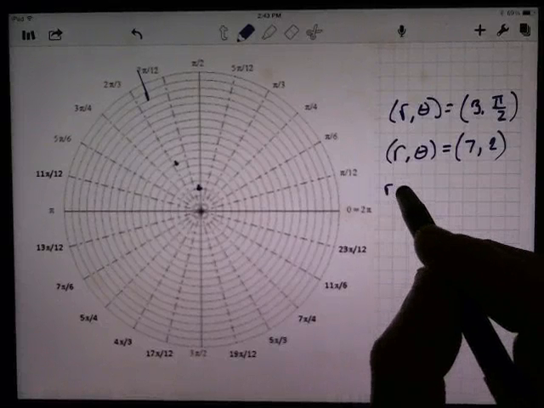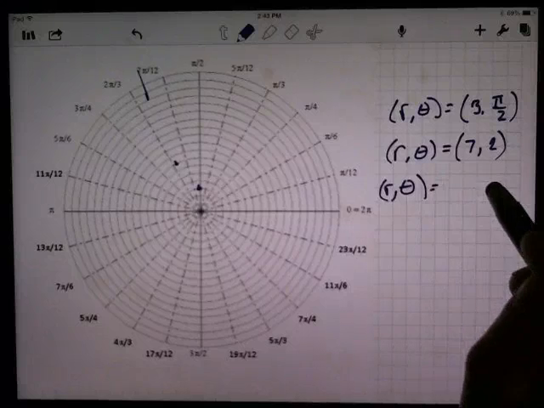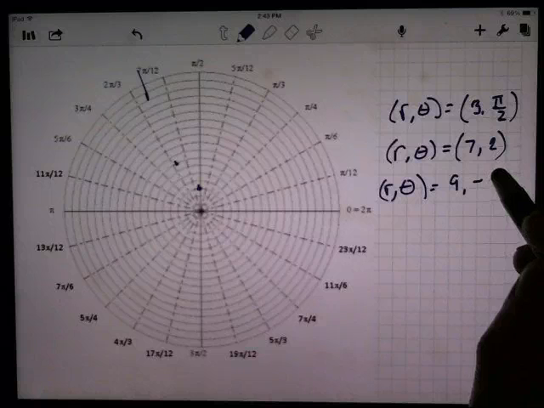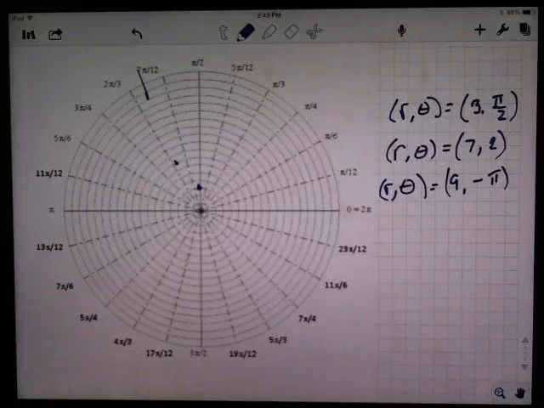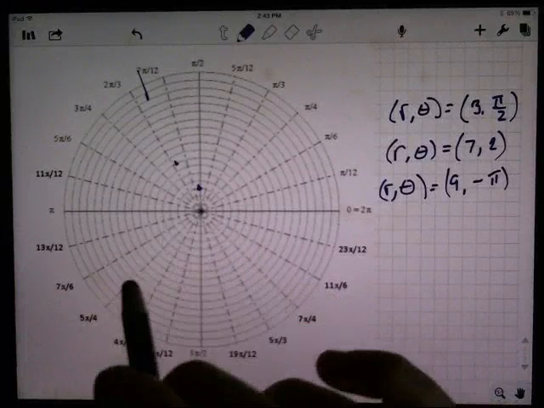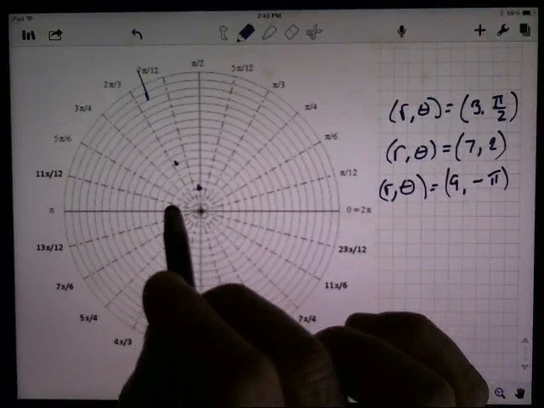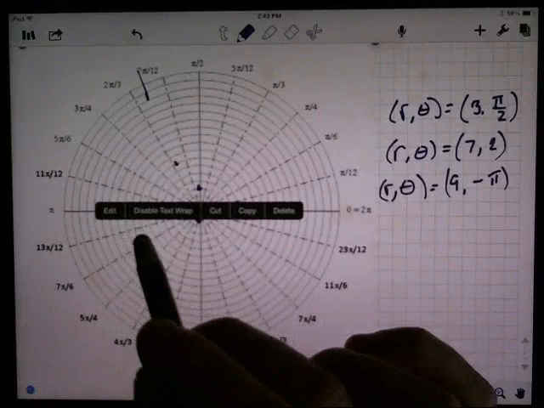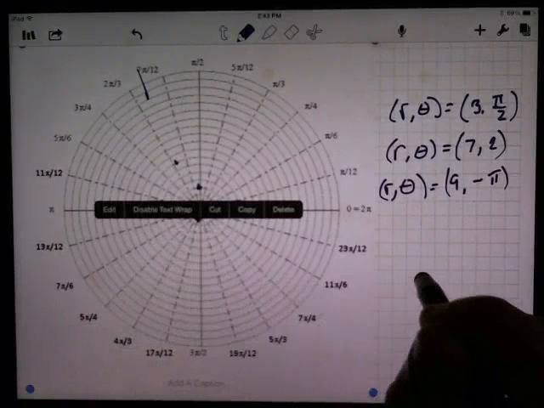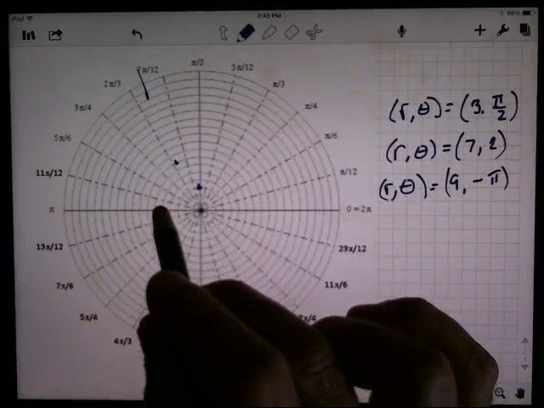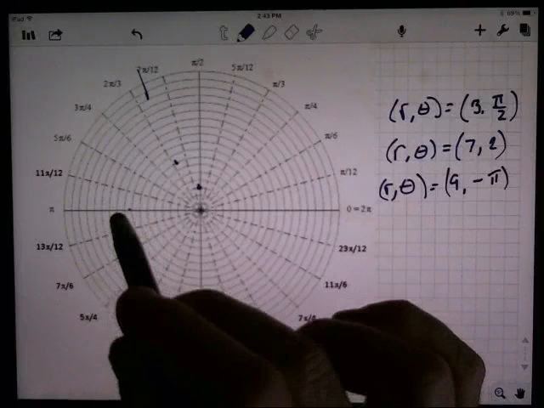Okay. Now, a few more examples. r theta equals 9 comma negative pi. So I'm going to turn through an angle of negative pi going this way, all the way back to here, and then I'd go 1, 2, 3, 4, 5, 6, 7, 8, 9. I've got this point.